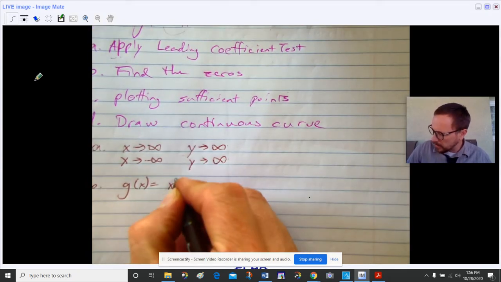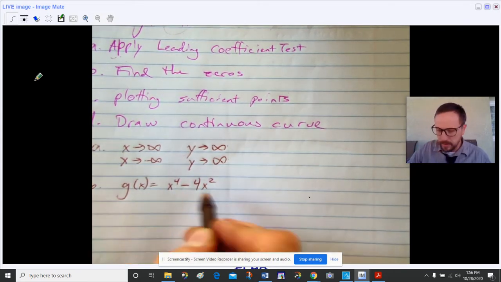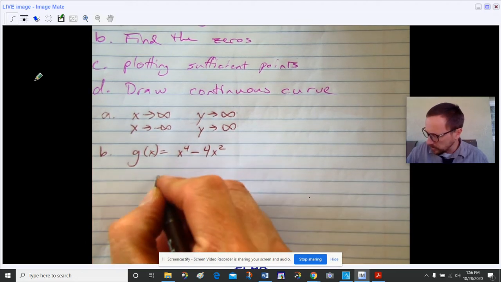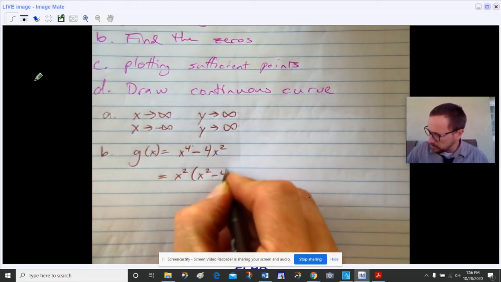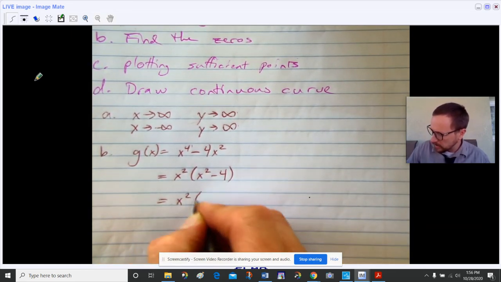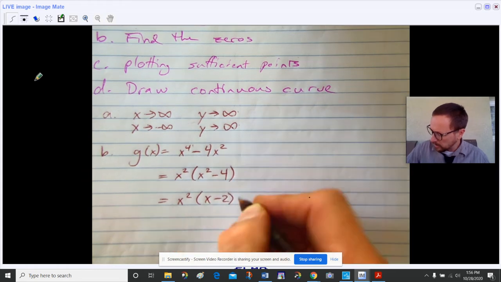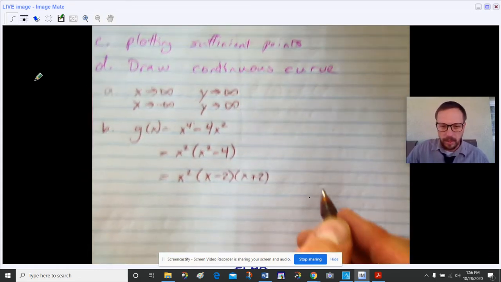If we start off with x to the fourth minus 4x squared, both terms have x's in them, so we can factor out an x squared. That leaves x squared minus 4, and we can factor that as x squared times x minus 2 and x plus 2. Pretty cool, huh?